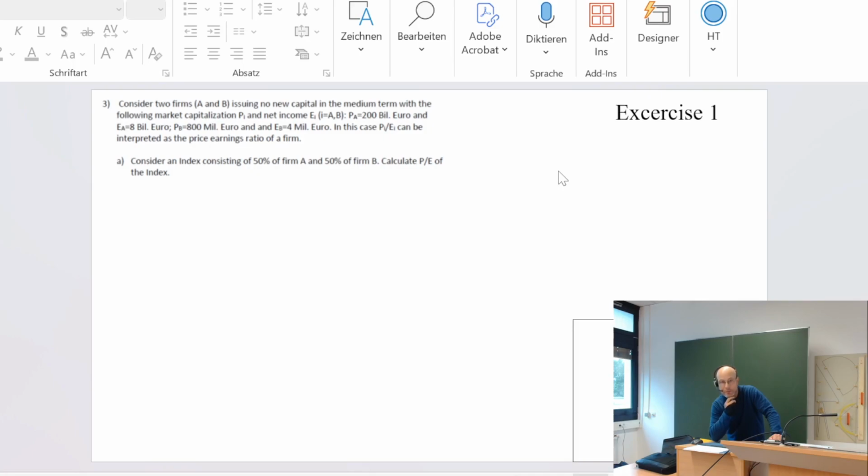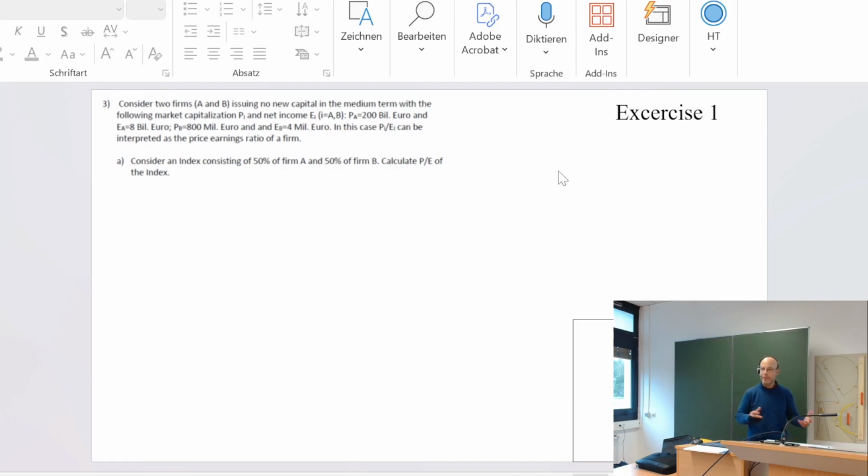PI at firm A should be 200 billion euros, and the net income should be 8 billion. Also for PB, 800 million and 4 million.